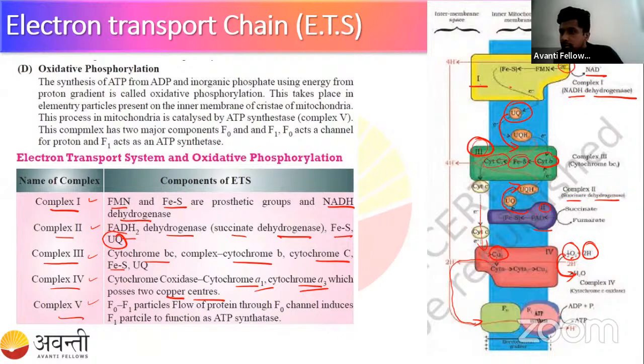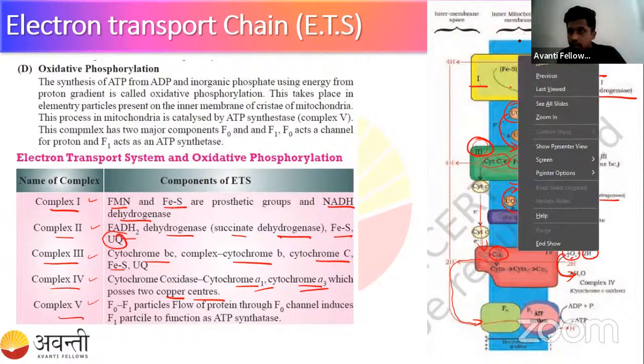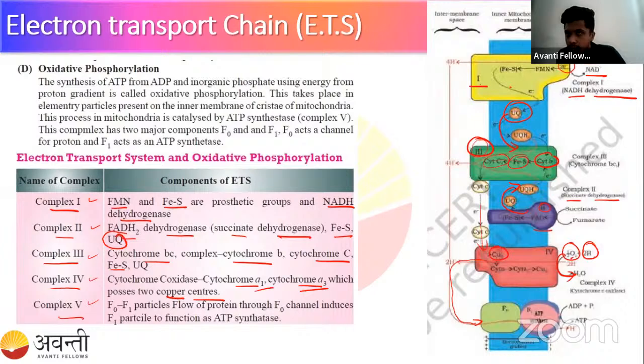See, the NADH, which is present in the matrix, comes to the inner membrane. Here the hydrogen ions from the matrix pass through the inner membrane of the mitochondria, and finally go into the intermembrane space or perimitochondrial space.